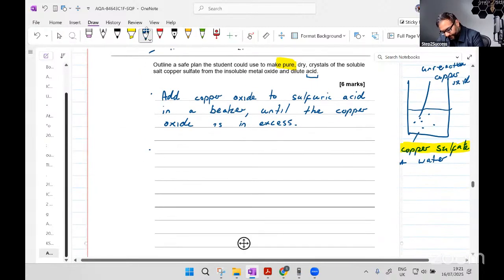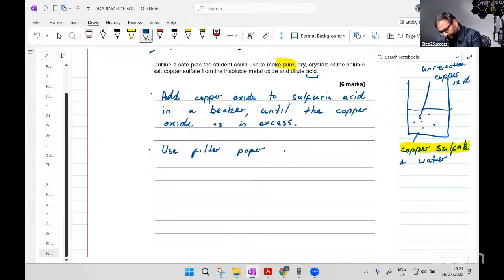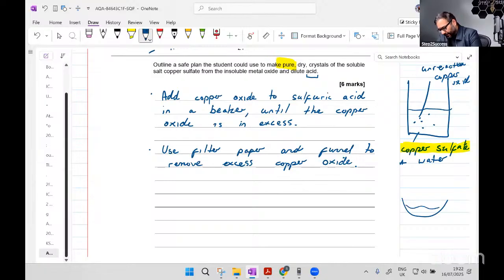So use the filter paper and funnel to remove the excess copper oxide. Okay, so now what you're going to have is a solution that is only copper sulfate and water because you've got rid of the copper oxide that you didn't want.